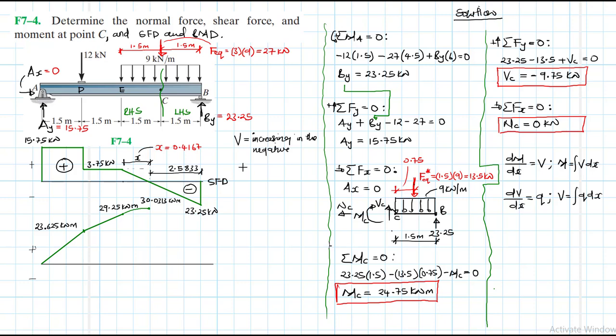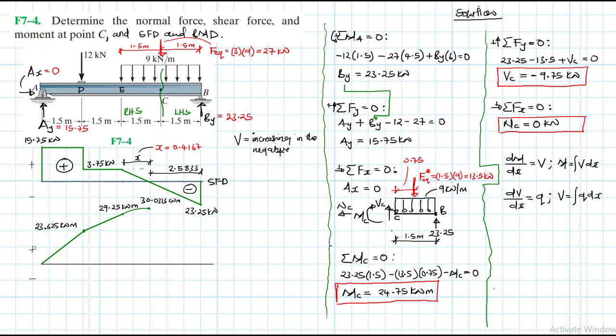The equation that governs this increase is a polynomial of degree 1, which is just y = mx + c. Remember this equation. And if this is the case, you expect moment to be a polynomial of degree 2.